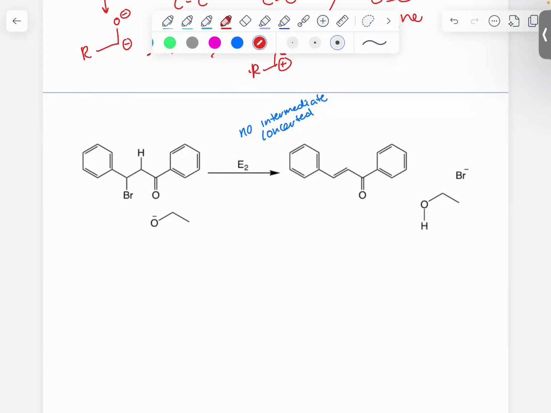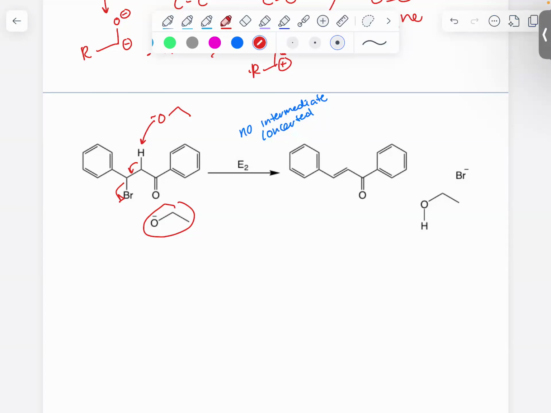So I'm going to redraw our nucleophile up here, but it's just the same thing. It is going to take that proton. Those electrons have to go somewhere, and they're going to form a double bond that results in the kicking off of the bromine. And that's it.